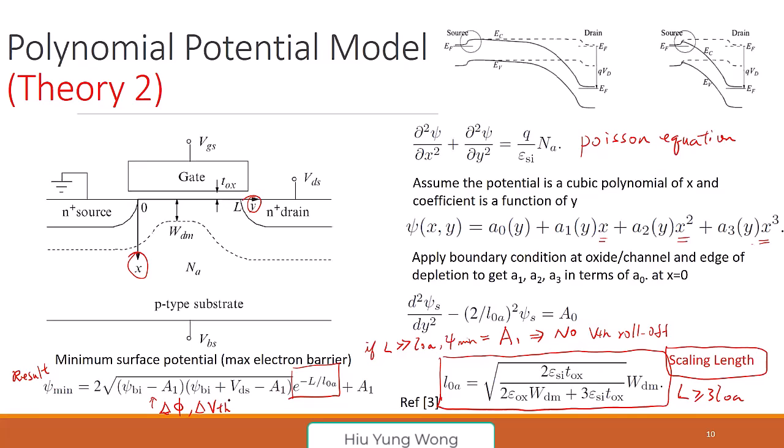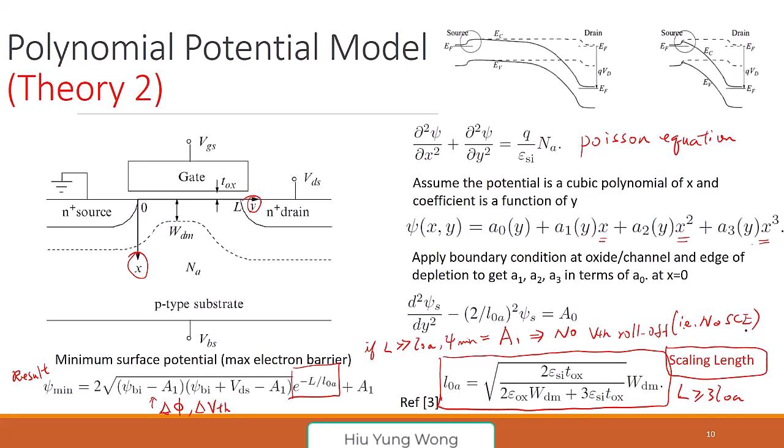So if we can make the channel larger than LOA, then we have no short channel effect, right? If your length is, let's say, 1 micron, and LOA is 0.1 micron, your length is much larger than the LOA, so you don't have short channel effect.